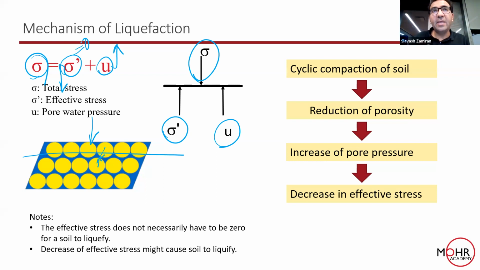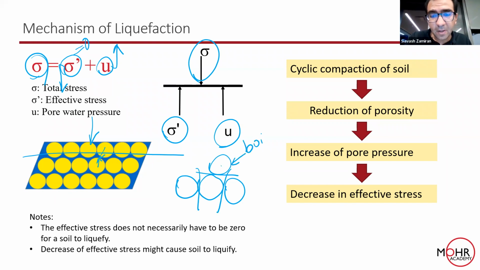We are not having any stress applied to the soil particles, and therefore the soil particles will basically be buoyant particles inside water, and they start losing their support from the surrounding soil particles. We call this phenomenon boiling, or in a more technical term, liquefaction.